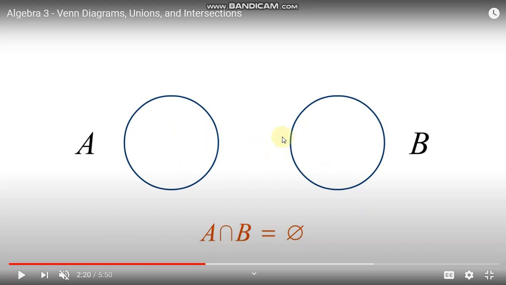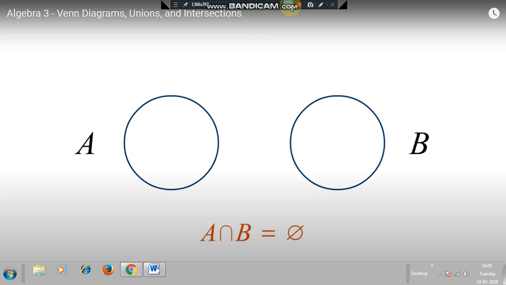If A and B do not have any common element, then the intersection is empty. Therefore, we can remember that the intersection of two disjoint sets is always the empty set. That we can remember for the definition of intersection.